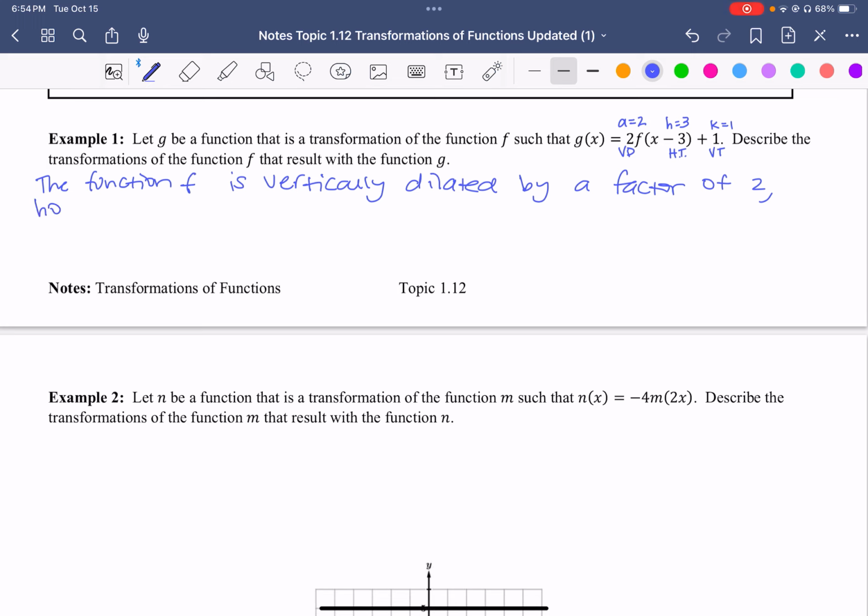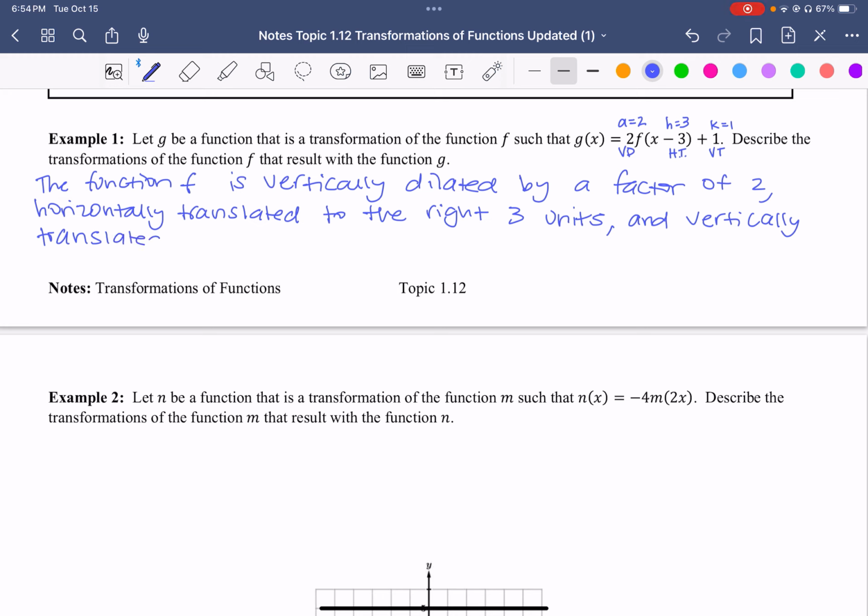It is horizontally translated to the right 3 units, because that was a positive 3, that means it's going to the right, and it was vertically translated up 1 unit, because a positive 1 is going up.